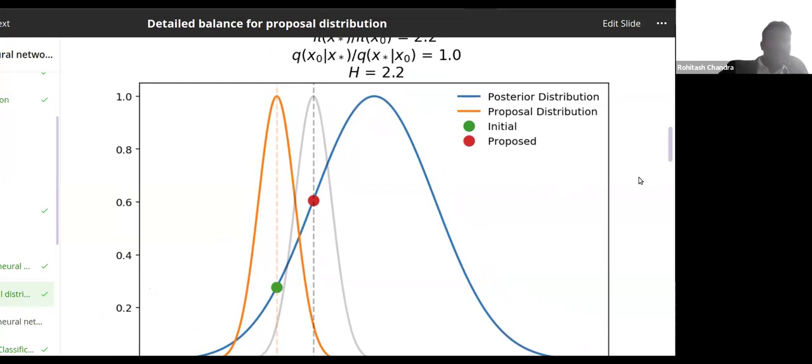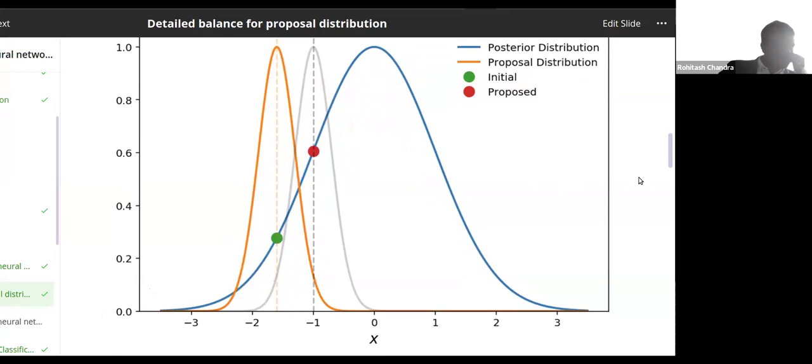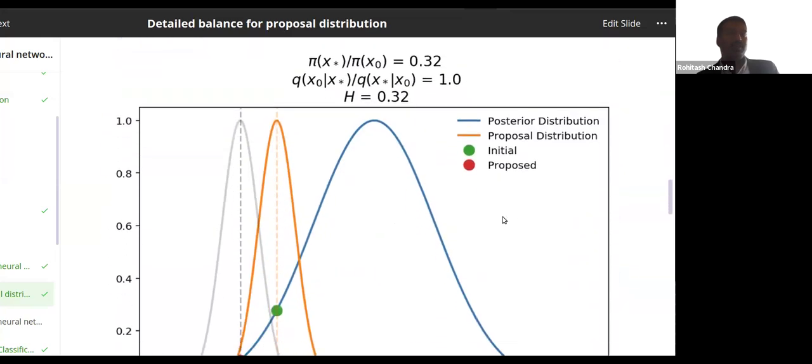The proposal distribution is your sets of weights and biases on which you are doing the random walk, right? And when you are doing a random walk, you are basically traversing the posterior distribution. So you had an initial, you had a proposed, right?